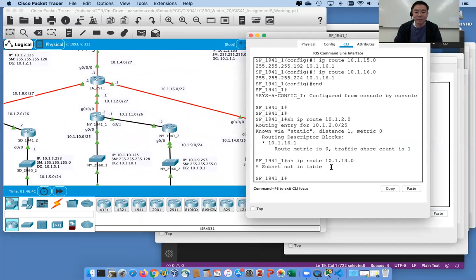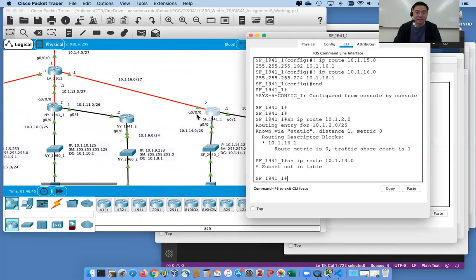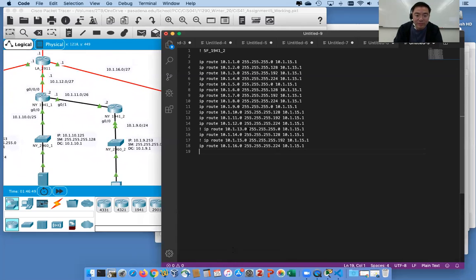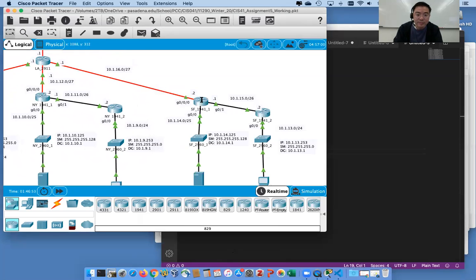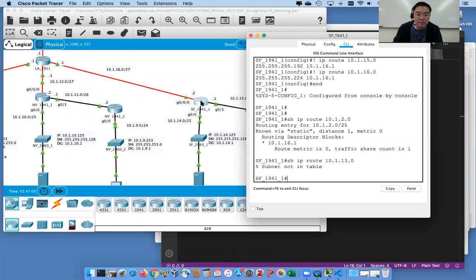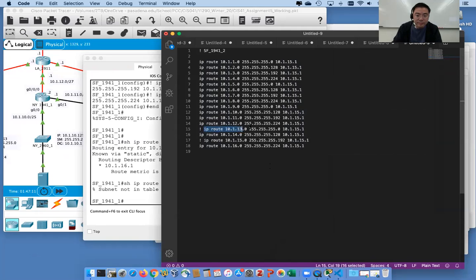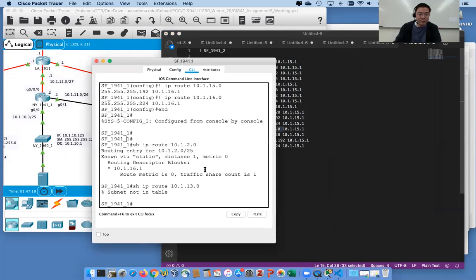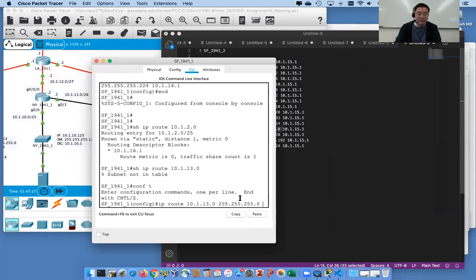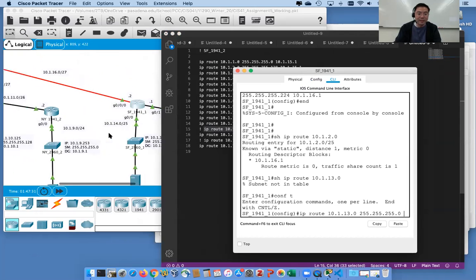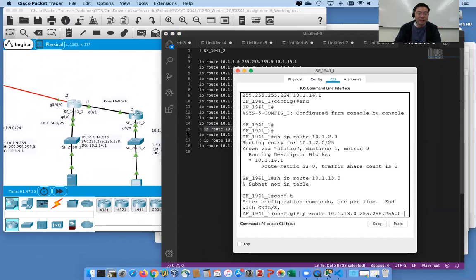Okay, so we tried to get to the 10.1.13 network here. Let's see if we have a route for that. Okay, so we're missing a route here, 10.1.13. Ah, okay. So no route to 10.1.13, so let's fix it. 10.1.13 is via 10.1.15.2.